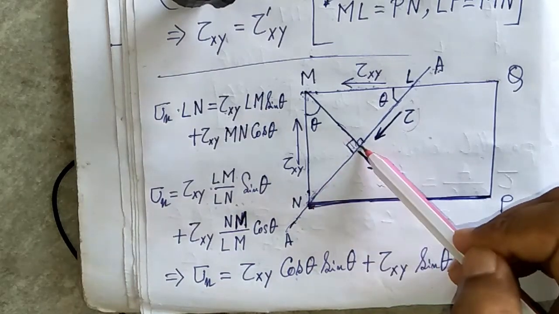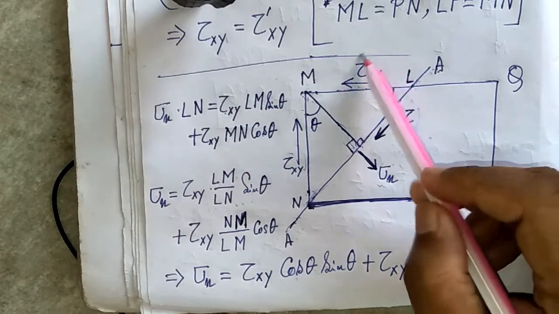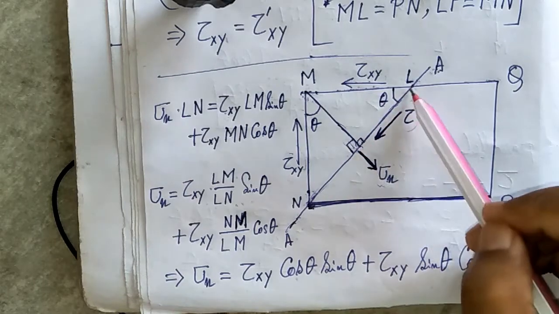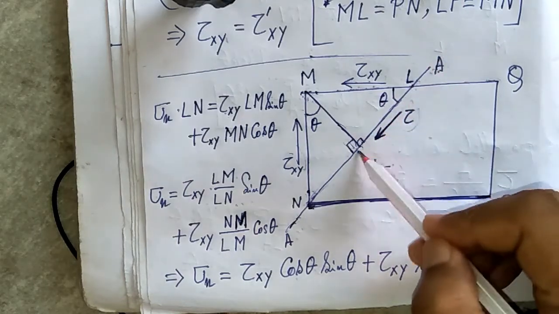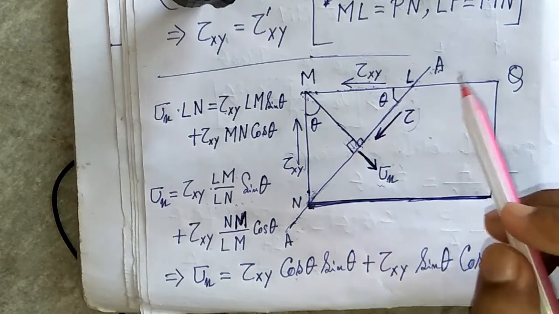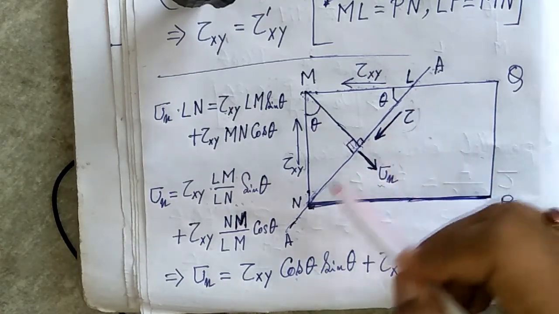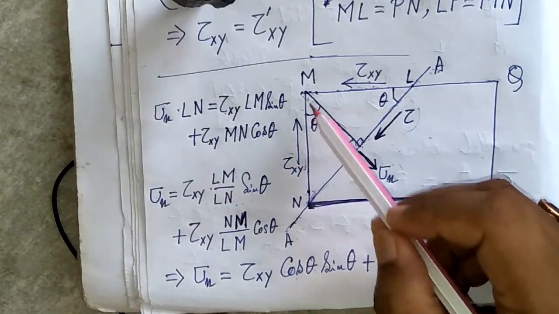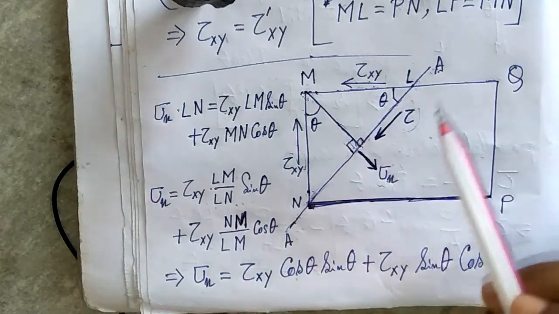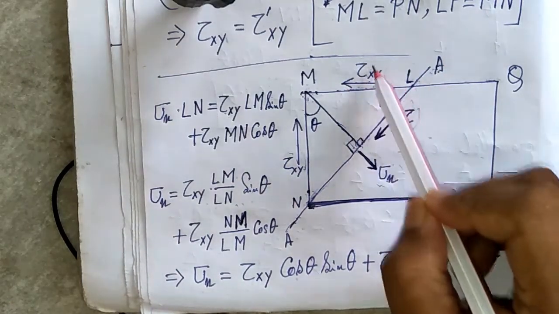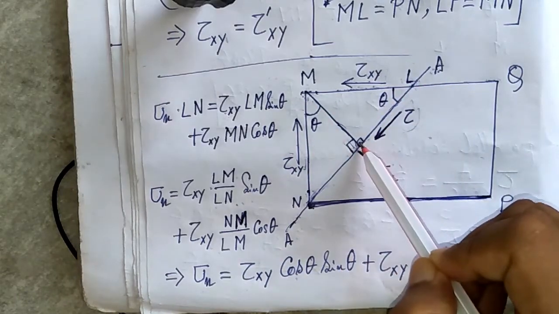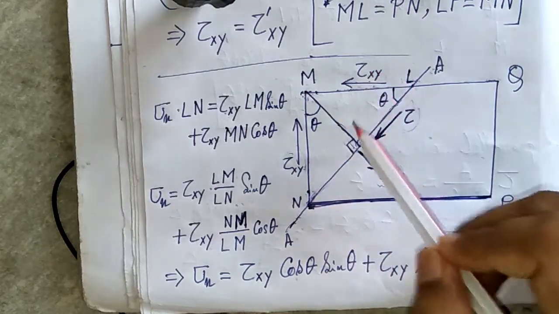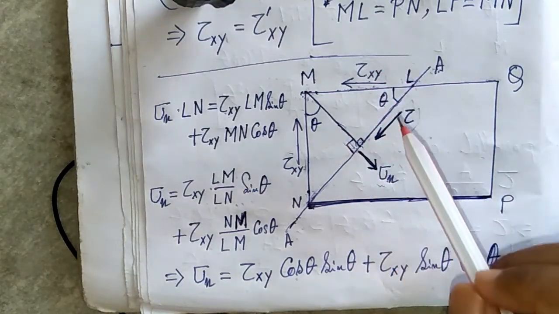This directional component is sine theta, and for this stress, that is tau xy lm into cos theta. The component along this direction is cos theta. Again, tau into ln is equal to tau xy into mn sine theta minus tau xy into lm cos theta. Why minus? Because the direction of this tau xy and this tau xy is opposite to each other. That's why a minus sign comes.